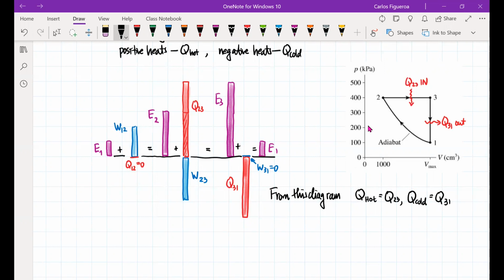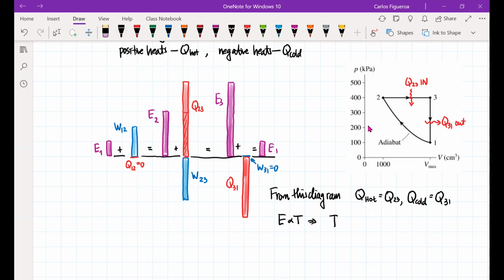So now I could just see which state has the highest internal energy. I now know that the highest internal energy is proportional to the temperature. So that tells me that the highest internal energy has to be at the hot temperature here.